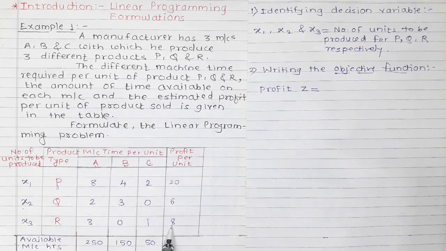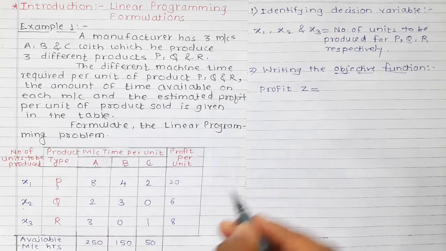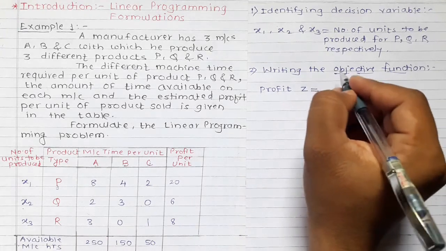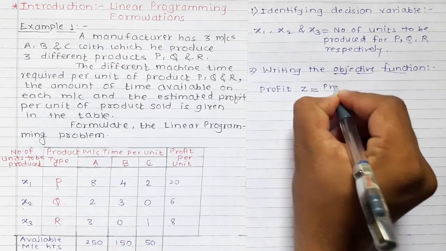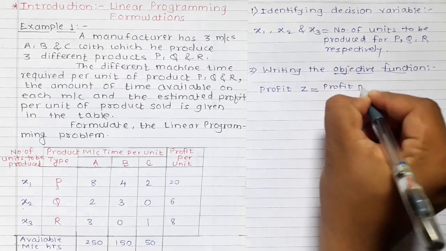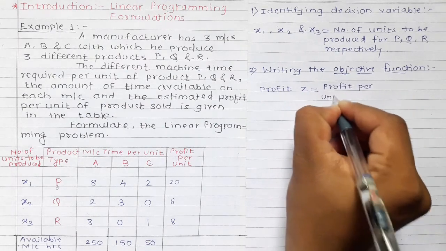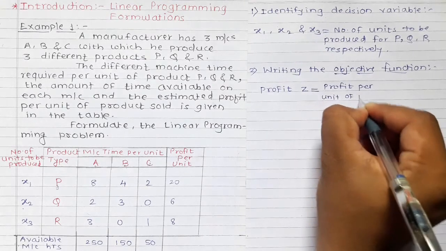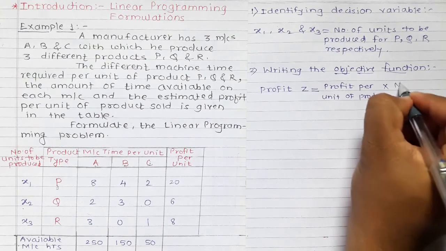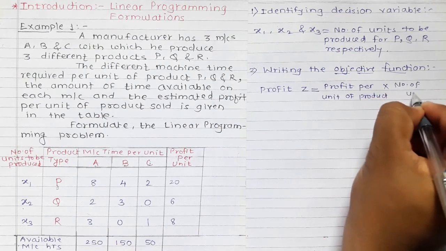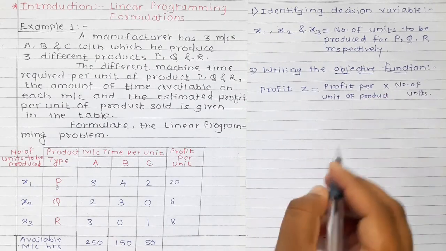And if you multiply this 8 to this x3, we get the total profit for the total quantity of product R. So we have to just express it like this: profit per unit of product into number of units.